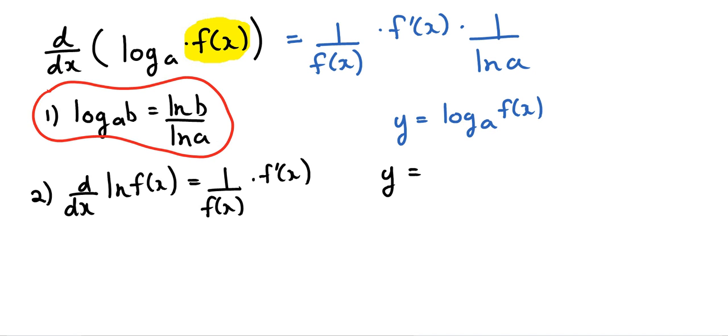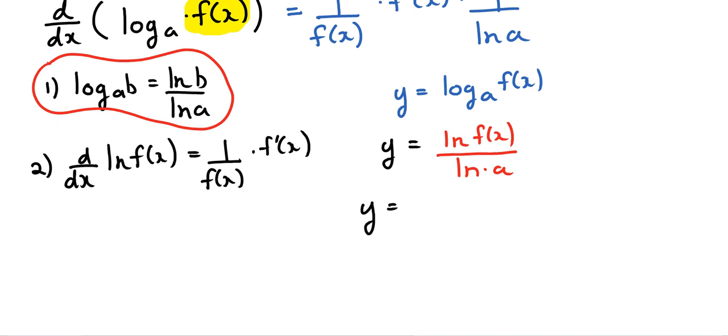If I apply that property, it should be ln f of x divided by ln a. Okay, and then I'm going to go ahead and rearrange the terms here. This is going to be 1 over ln a times ln f of x.